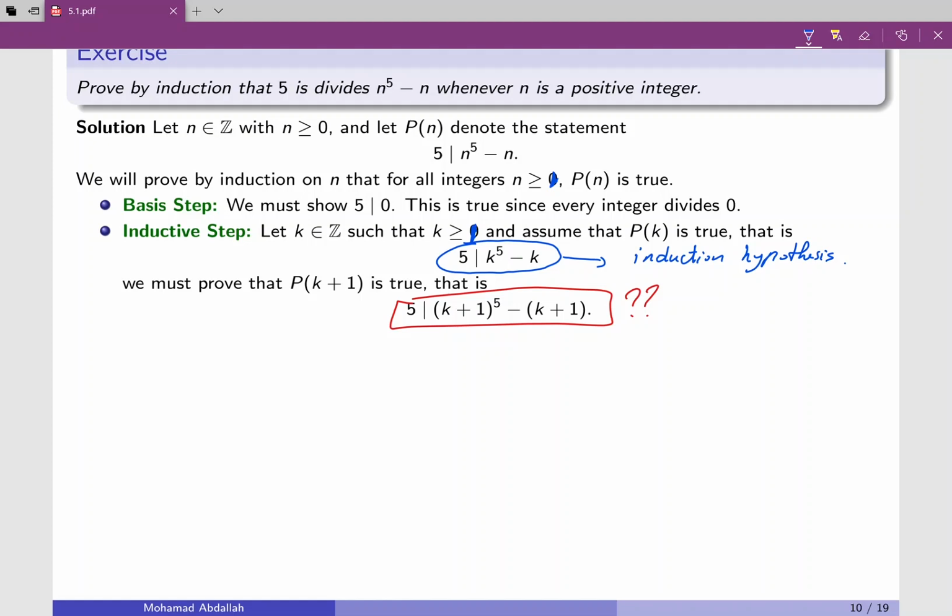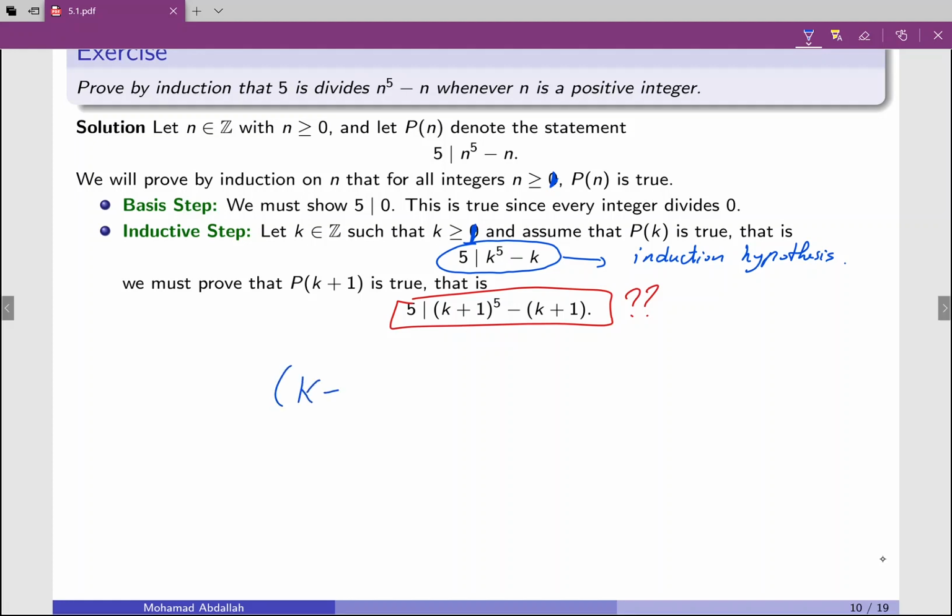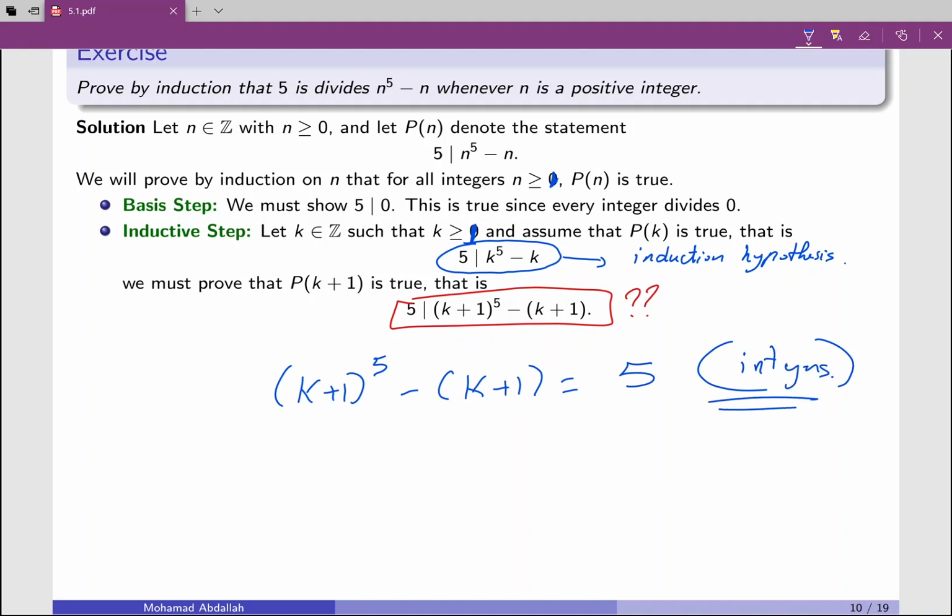Now to prove this, I need to show that 5 divides this guy, that k plus 1 to the power 5 minus k plus 1 is equal to 5 times some integer. That's the definition of divisibility. So this is my goal. Okay, so you have to keep this in mind. It will make sense now to start from the left hand side and try to write this as 5 times something.